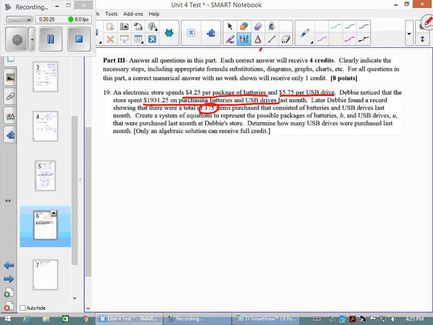So first they're telling us that the store spends $4.25 per battery and $5.75 per USB drive. So the first thing we need to do, since they tell us that batteries are B and USB drives are U, we don't need a let statement. So I know that $4.25 is how much my batteries are, and $5.75 is how much my USB drives were.